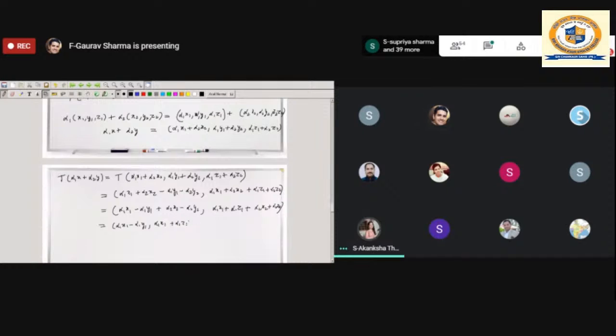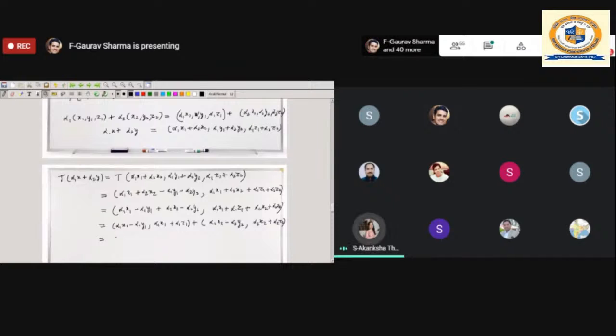Okay, very good. Then bracket close, plus bracket start, alpha 2 x2 minus alpha 2 y2, comma, alpha 2 x2 plus alpha 2 z2. Right. So next step.